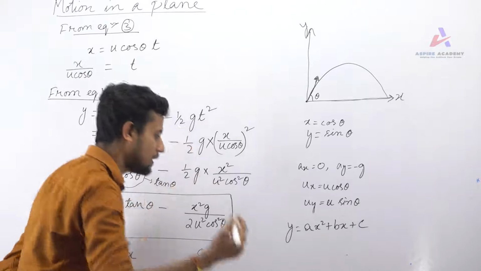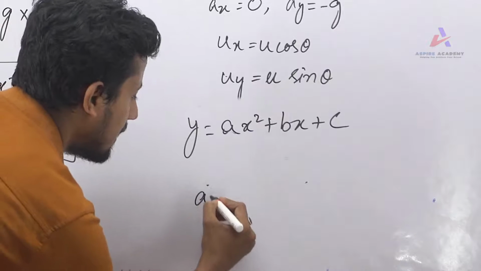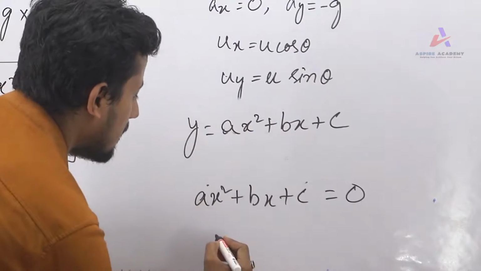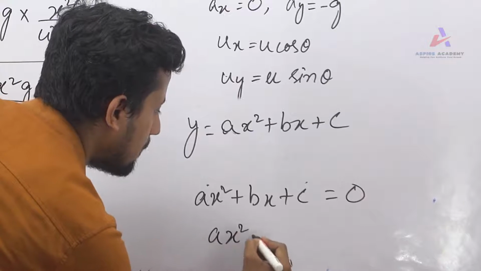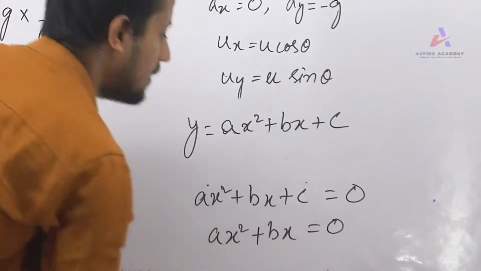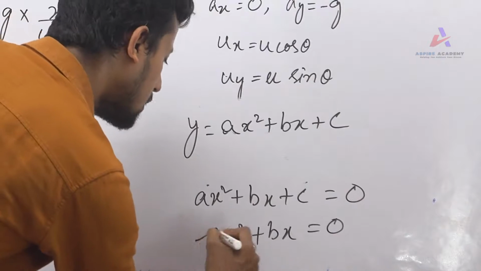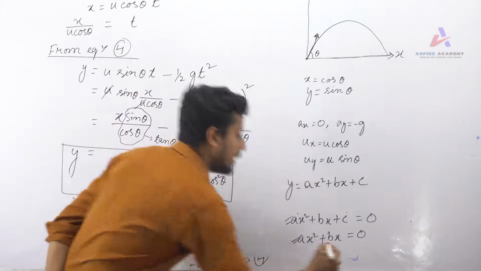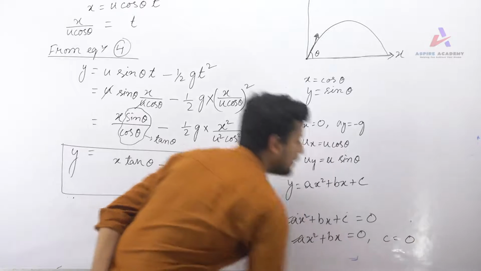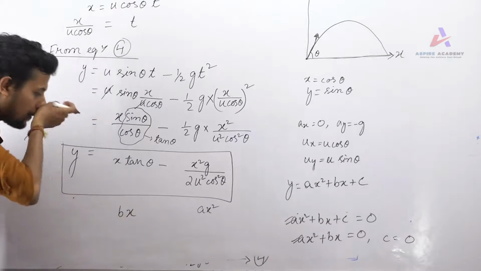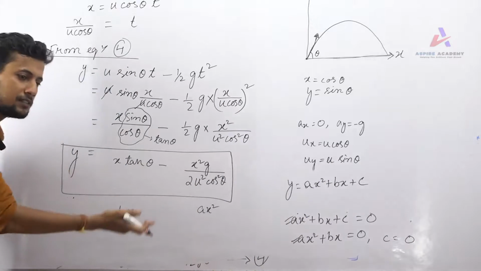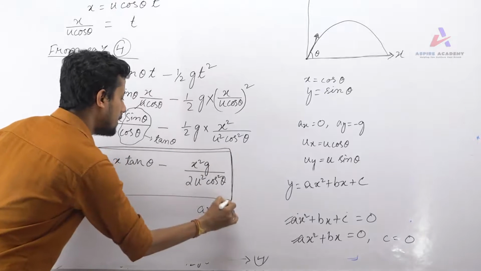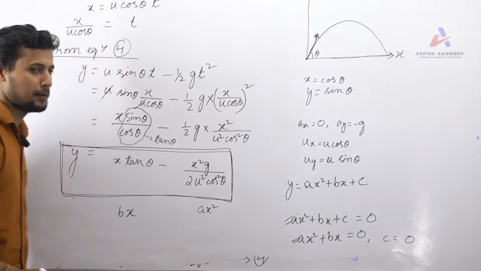From the quadratic equation, written as ax square plus bx plus c equals 0, if I write ax square plus bx equals 0, does it not mean it is a quadratic equation? This is also a quadratic equation. If c is not there, that means the value of c is 0. Same thing here. We have ax square, we have bx, we don't have c, meaning the value of c is 0. Hence, this satisfies the parabolic equation, which is very important for you to remember.